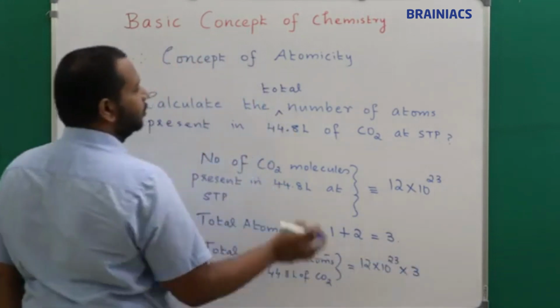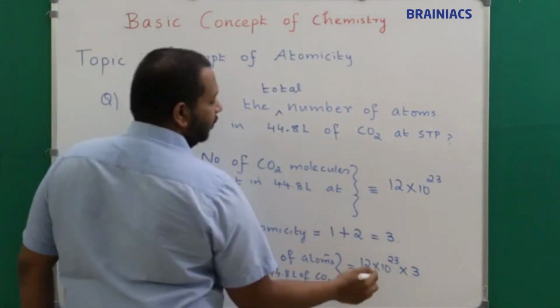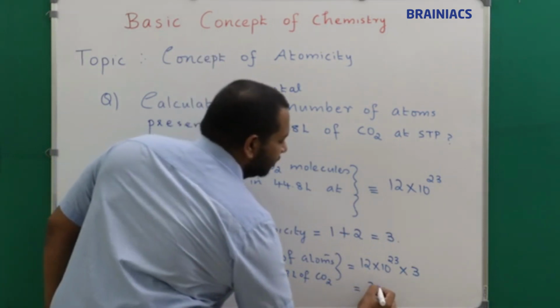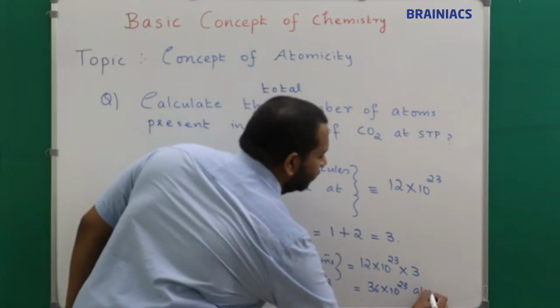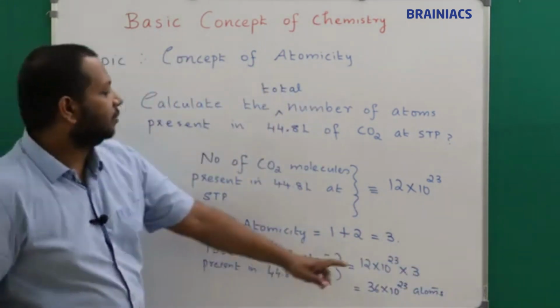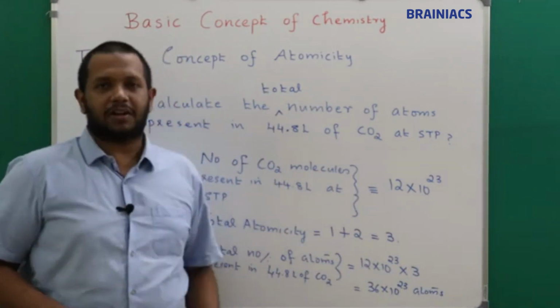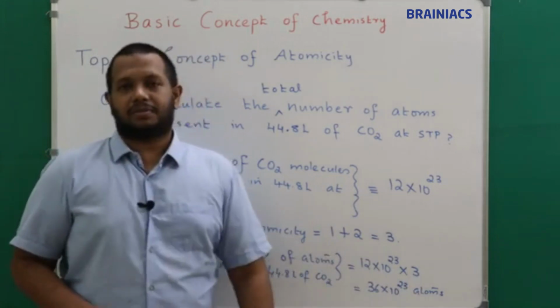Why am I taking total atomicity? Because they are asking you the total number of atoms. So 12 into 10 power 23 into 3, that is 36 into 10 power 23 atoms. I cannot say any particular atom because it is total number of atoms. There are multiple types of atoms here. So I can say 36 into 10 power 23 atoms.